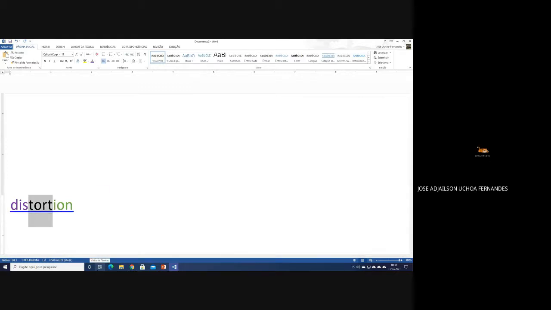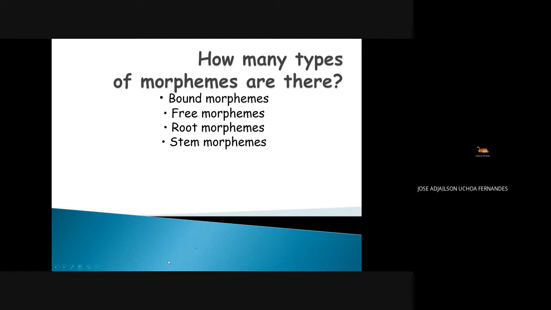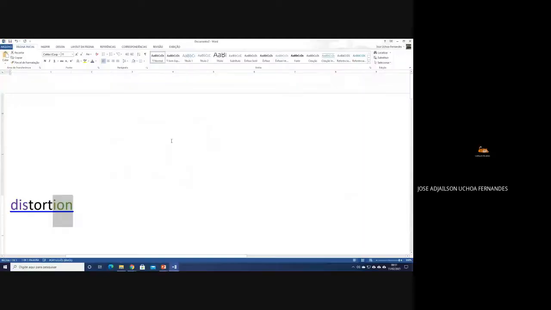It's the root, okay? But this and yon are bound morphemes, okay? Now, when I take this word distortion, se eu eliminar isso aqui, if I drop the final yon, I still have the verb to distort, which is what I call a stem.